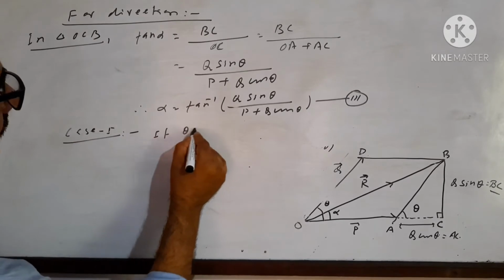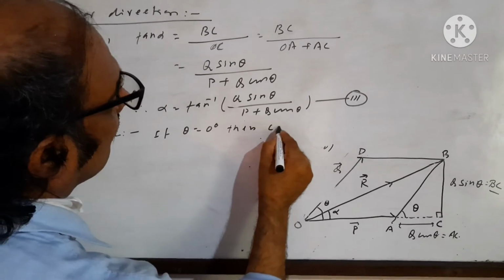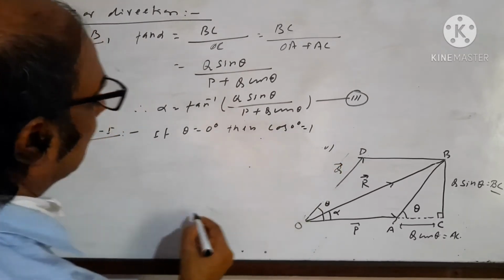According to case 1, if theta equal to 0 degree, then cos 0 degree equal to 1.